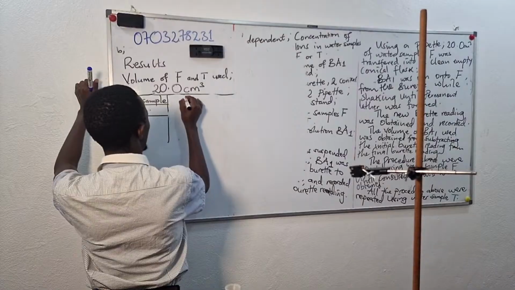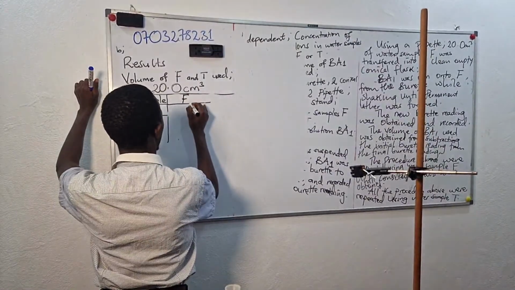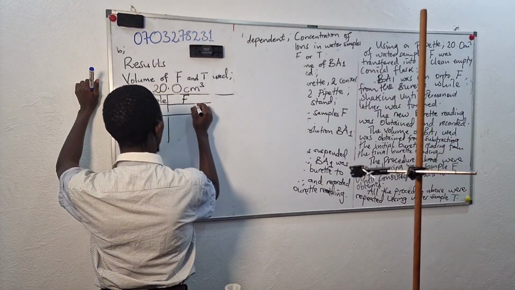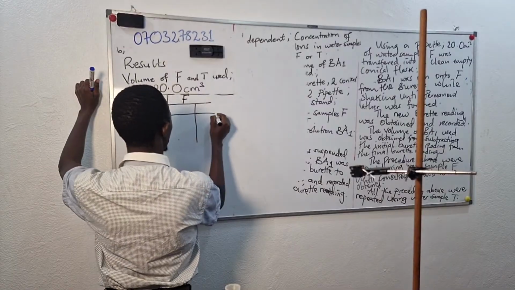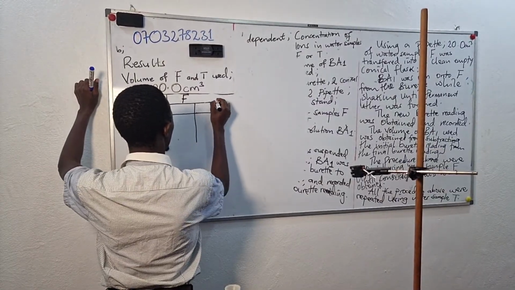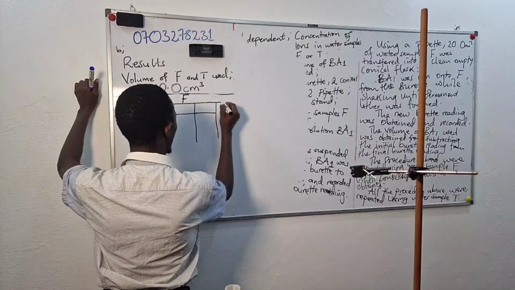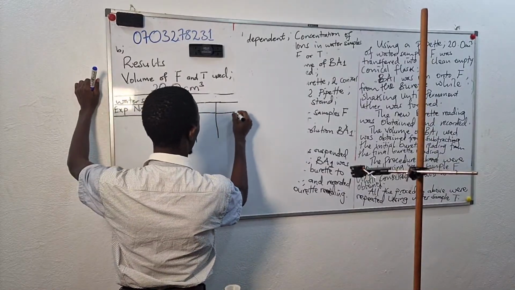So we have water sample F. We said we shall have at least 3 values for each water sample.